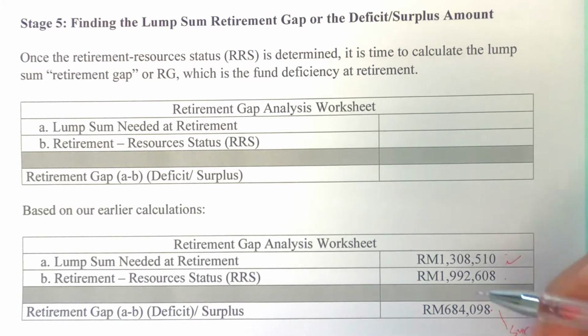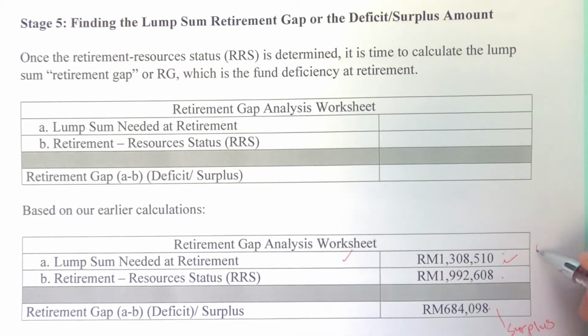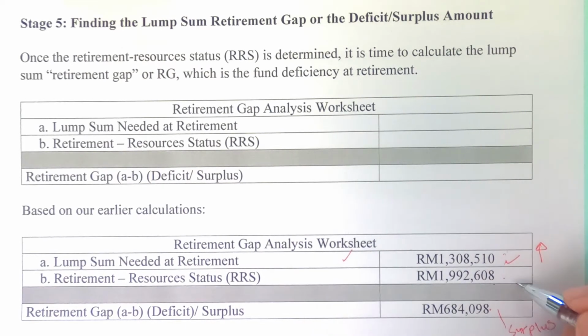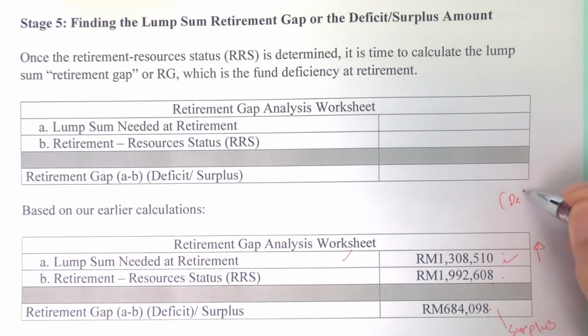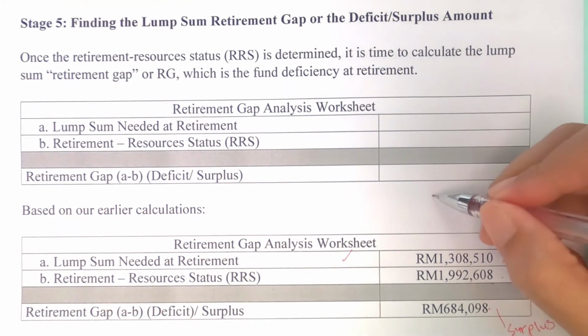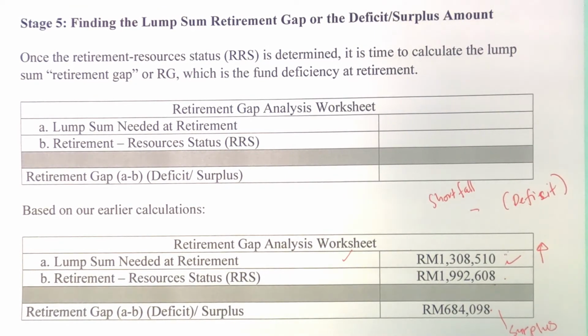Nevertheless, if the lump sum needed is higher than the RRS, then we get what we call a deficit. And this is the deficit or the shortfall that we have to cater for.